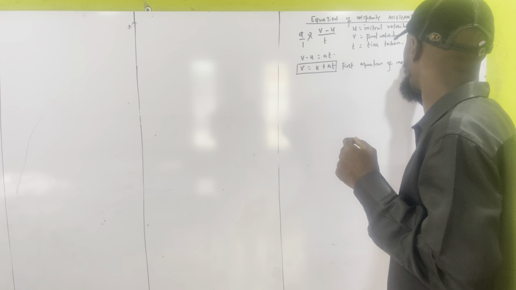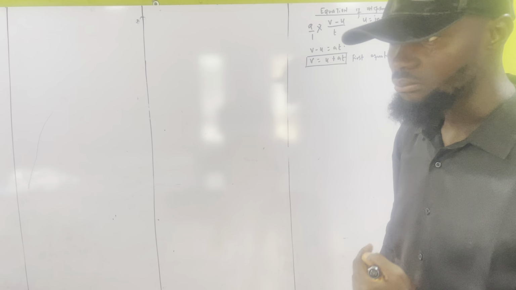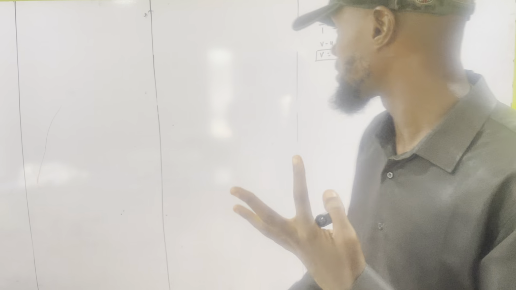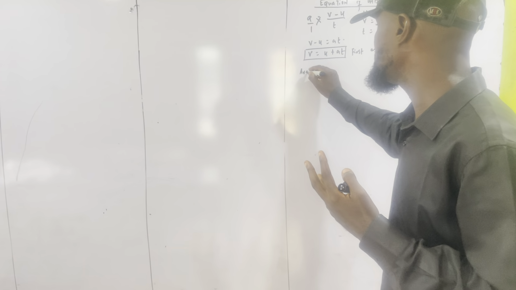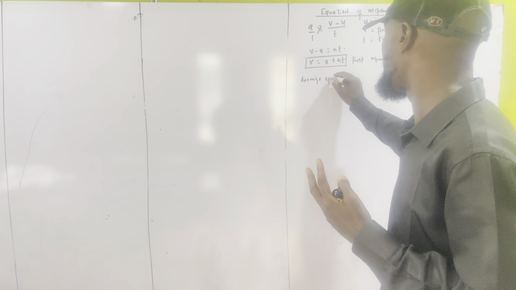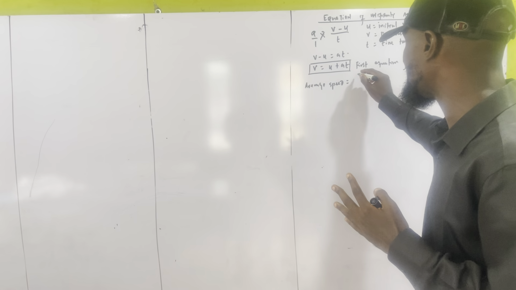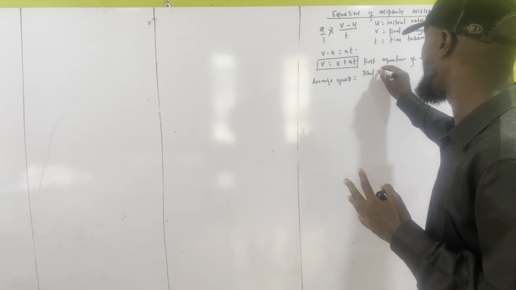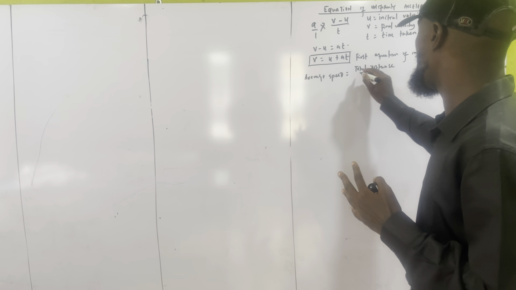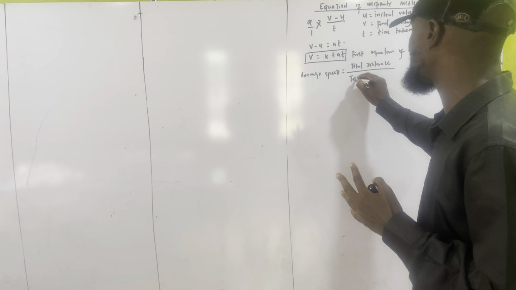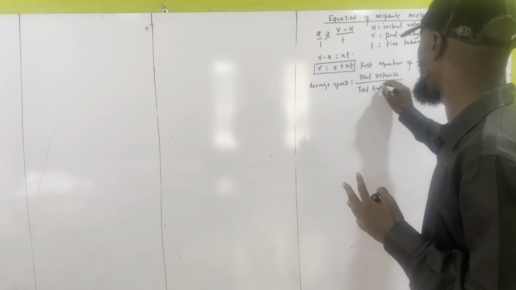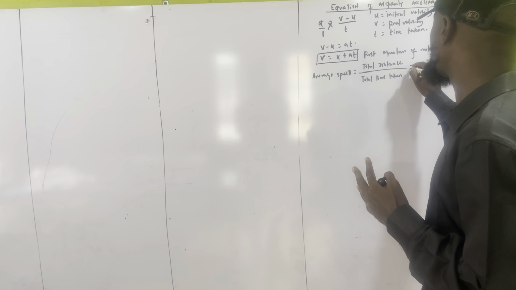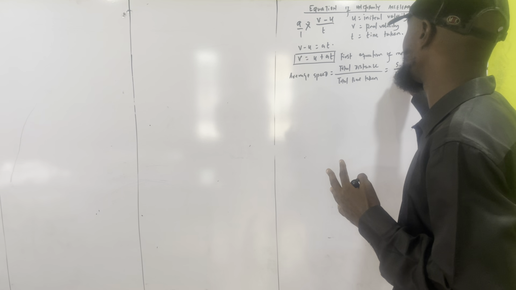Now, average speed is the total distance over the total time taken, which we can write as s divided by t.